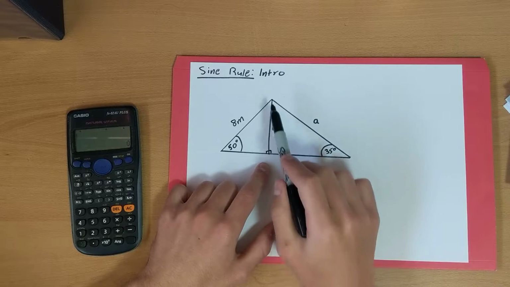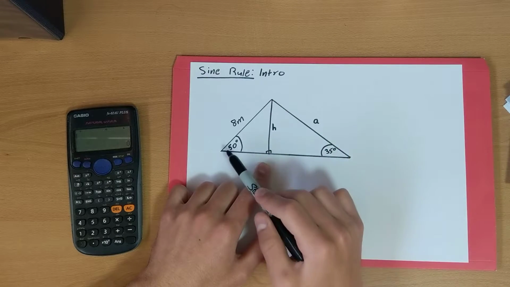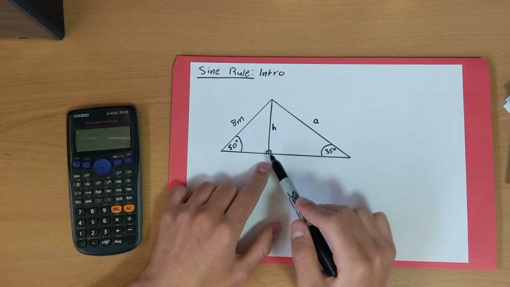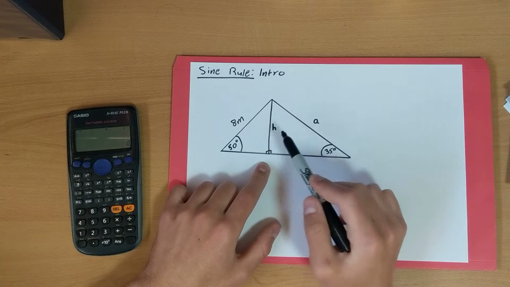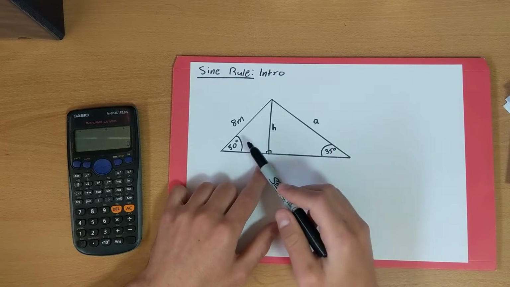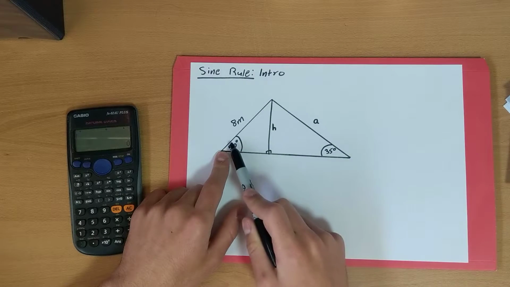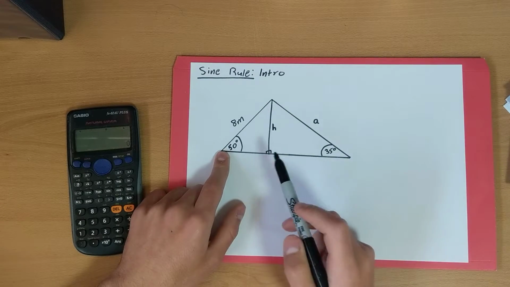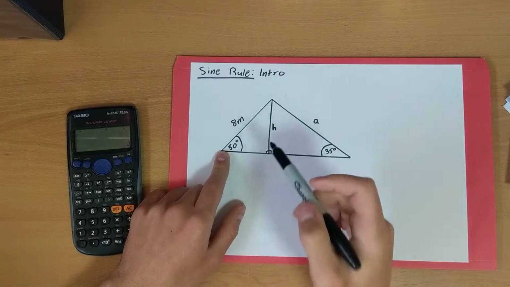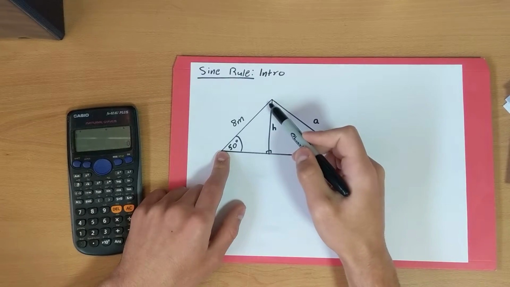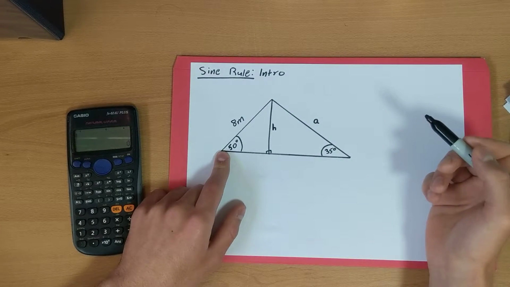Let's first use what we have in this left-hand right-angled triangle to find out an expression for H. So here I've got an angle, I've got the hypotenuse of this triangle, and H is the opposite side. So I've got an opposite side and a hypotenuse, which means I'm going to use sine.